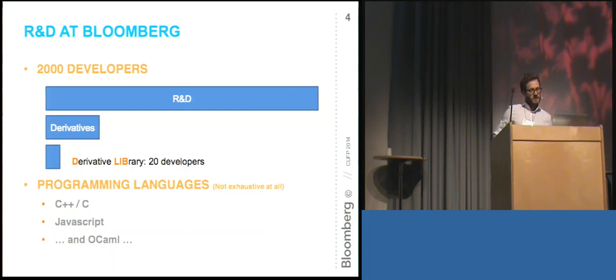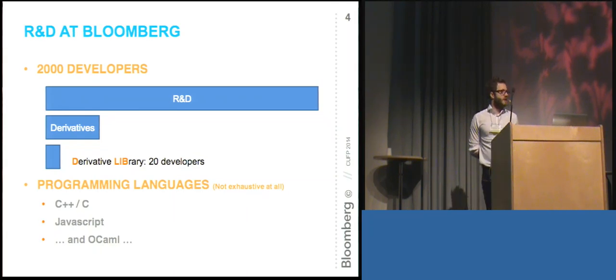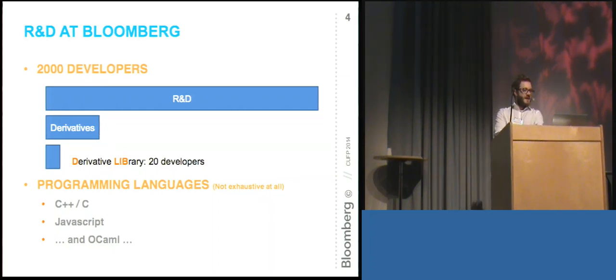So just to give you a little bit more insight on the team. Even though there are 20 developers, there are about 6 people that are actively developing in OCaml, and we only have one person that we hired specifically for OCaml. The rest of us are people that have never touched OCaml before, never touched functional programming before.